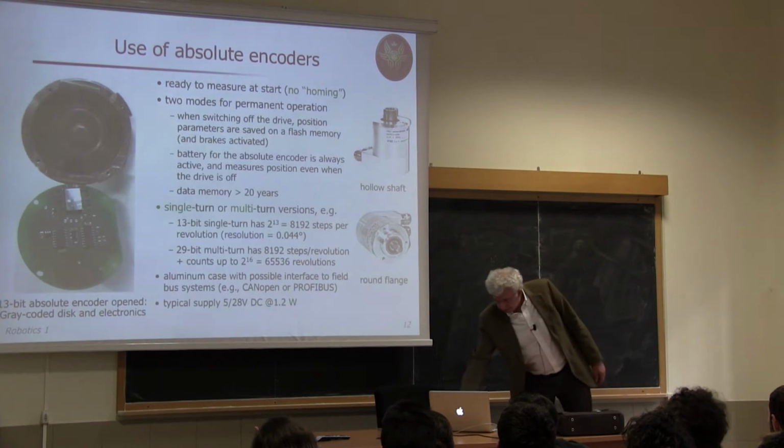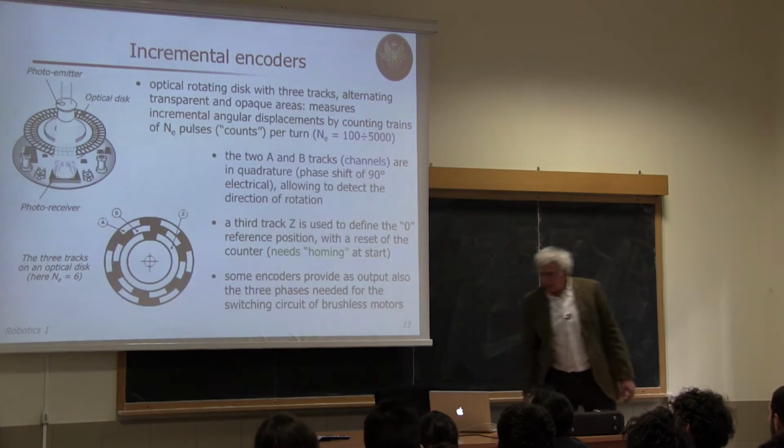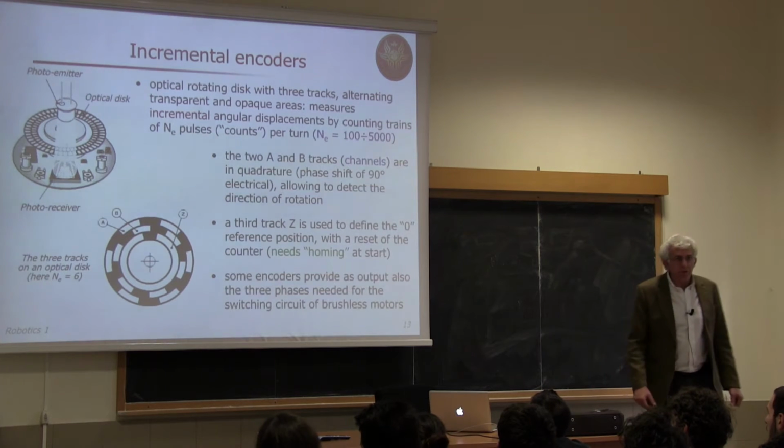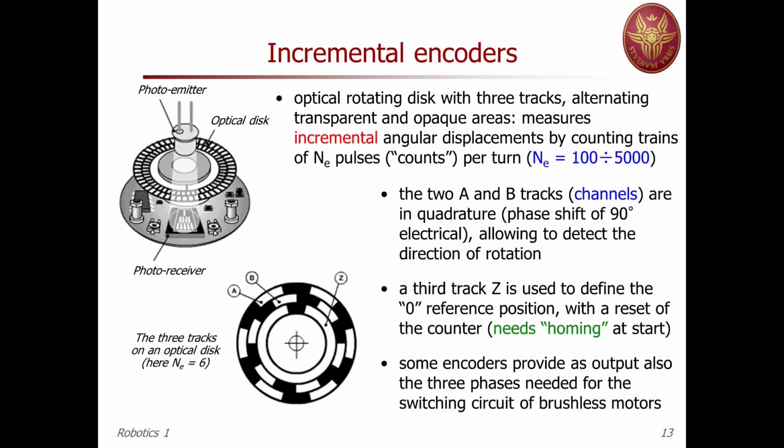The alternative is to use incremental encoders. Incremental encoders are simpler in construction. There are some applications where the use of absolute encoders is meaningless. For instance, if you want to measure the rotation of the wheels of a mobile robot, you don't need to know exactly the angular position of the wheel.